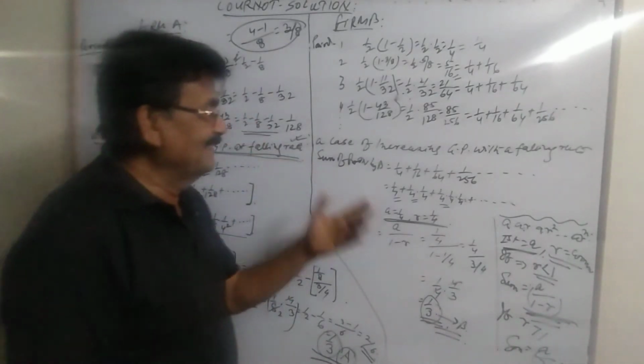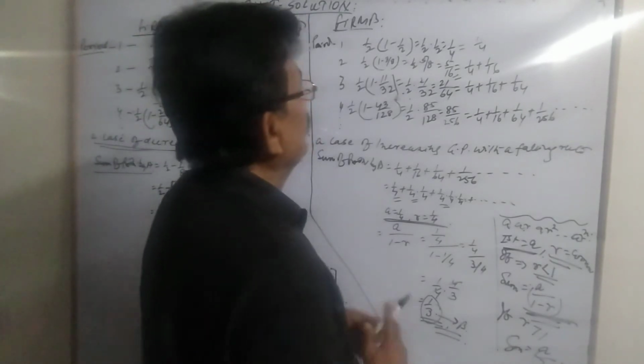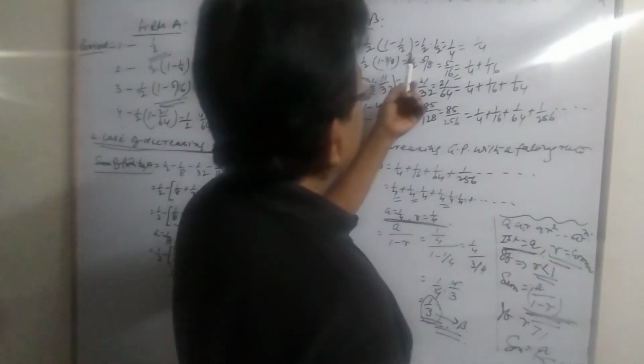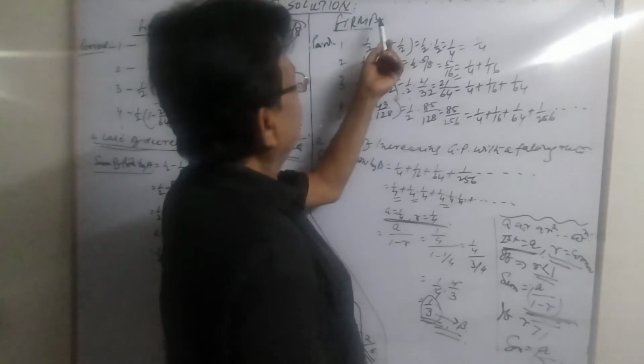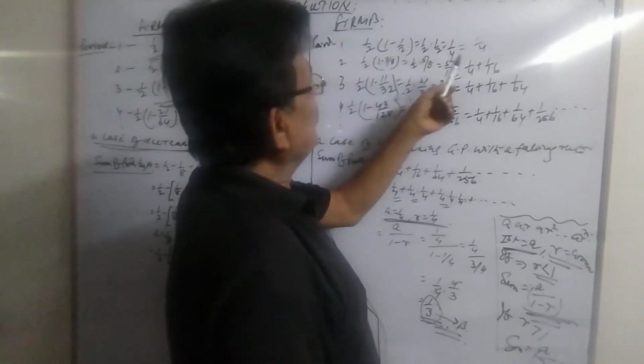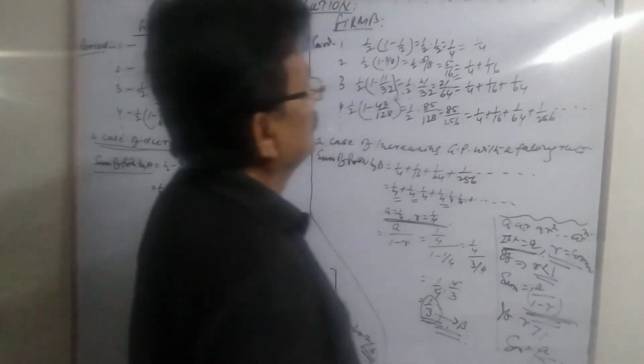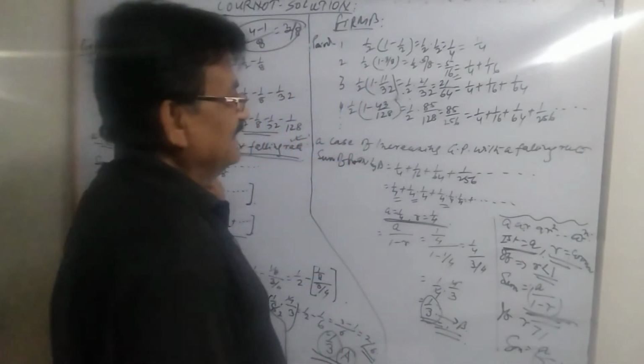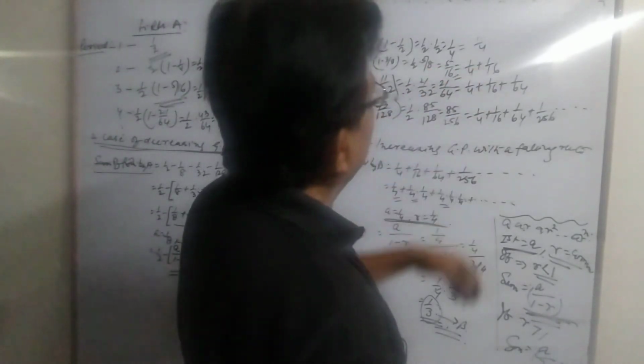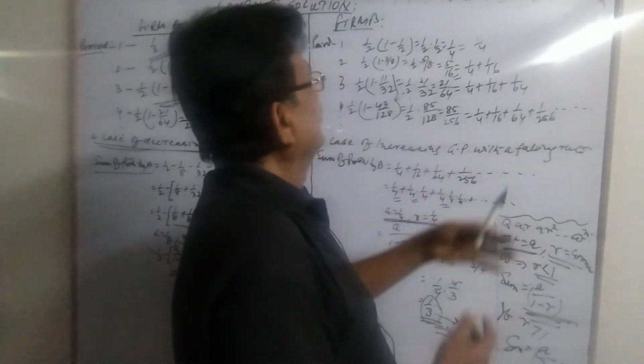Now let us see what is happening in firm B. It looks that for firm B, in each step, his level of production is increasing. Then it was a case of decreasing, and here something is being added up. It is quite evident.